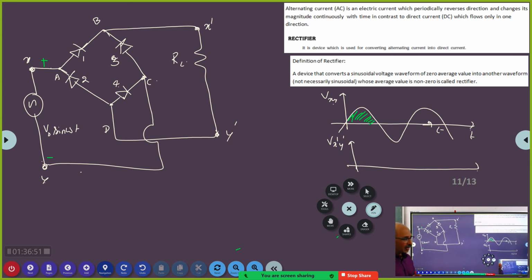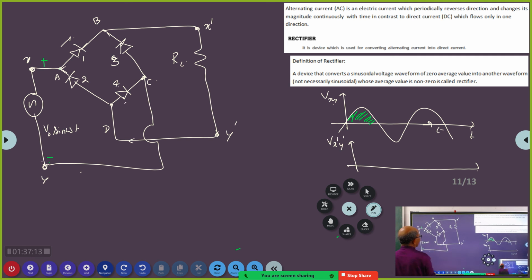Agreed? Yes, sir. So this is more positive than this point. Look at the sequence: this positive, come here. So this diode can become on, and the current can flow like this, like this, like this.